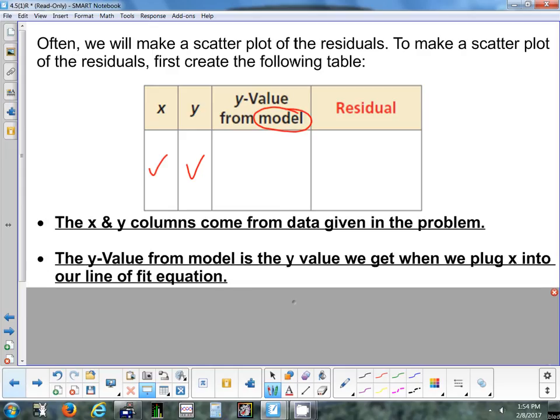Okay. So the way that you fill out this column is you're basically going to plug in an X value into the model. You're going to plug in an X value into the line of fit equation. Where do you get this X value from? It's going to be given in the problem.